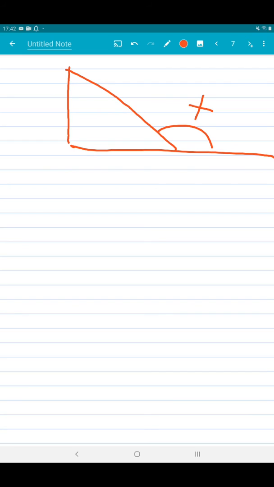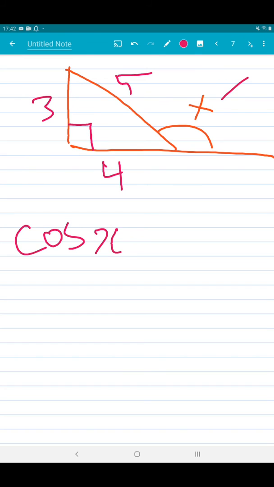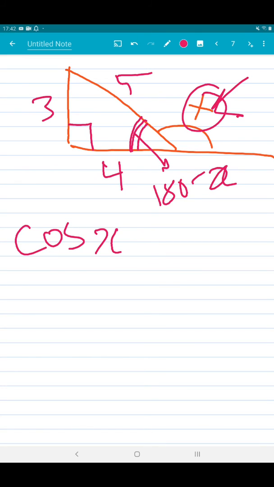For example, in this triangle, this is x, and this is the right angle. This is a 3, 4, and 5 triangle. The question: find cosine x. There's no information about x, so you should find the cosine of the supplementary angle, which is 180 minus x. And as you learned before, cosine x equals minus cosine 180 minus x.